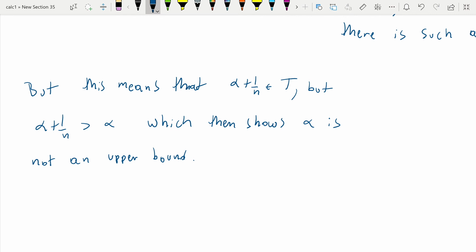Okay, so if we have an alpha such that alpha squared is less than 2, what we've shown is that alpha cannot be an upper bound for the set T.